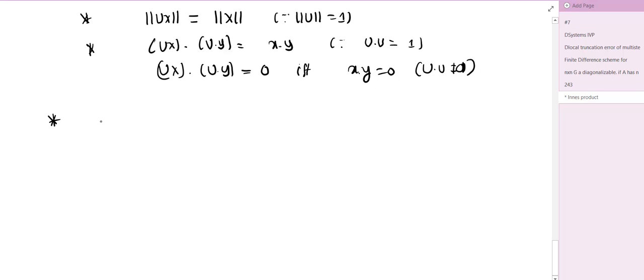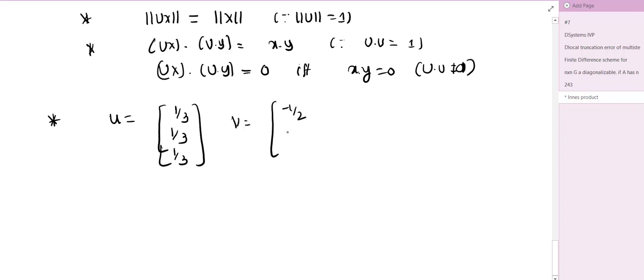So the given vector is U equal to 1 by 3, 1 by 3 and 1 by 3, and V is equal to minus 1 by 2, 0, 1 by 2. Okay, so now we have the two vectors. First let us check whether they are orthogonal or not.